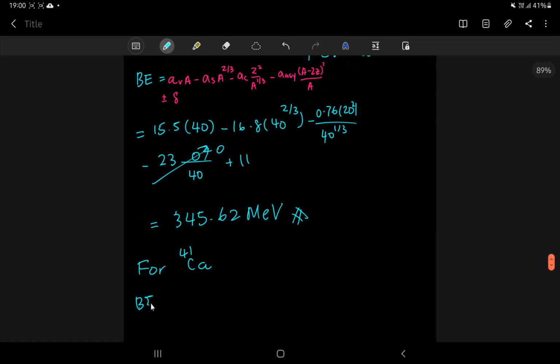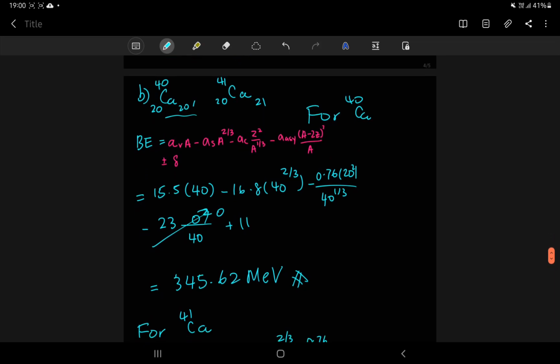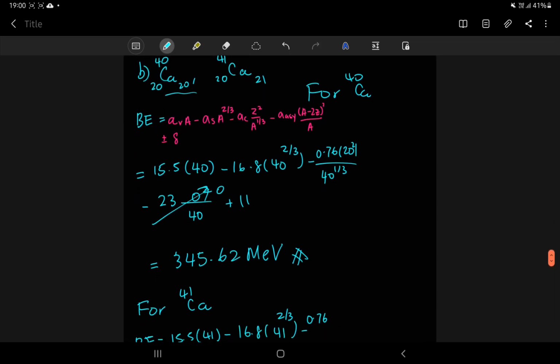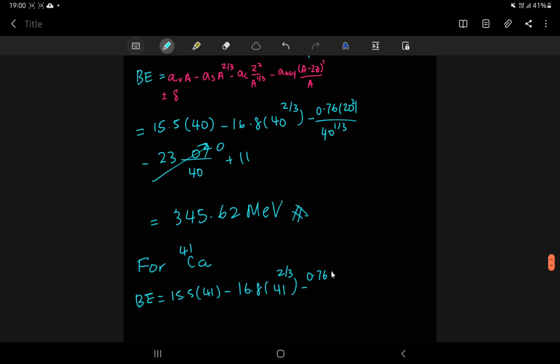For calcium 41, the same thing. The binding energy will be 15.5 times 41 minus the surface term, 16.8 times 41 to the power of 2/3, minus 0.76 times the proton number, 20 squared, over 41 to the power of 1/3.